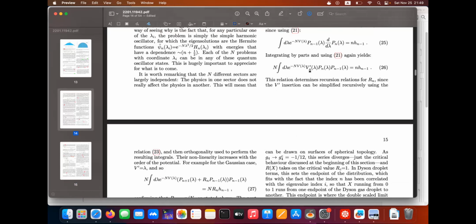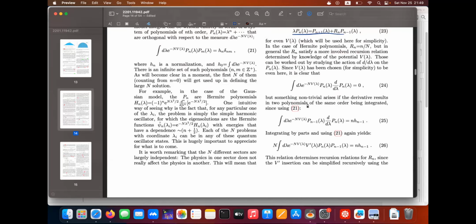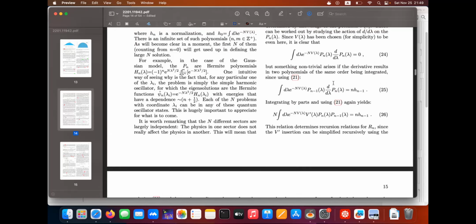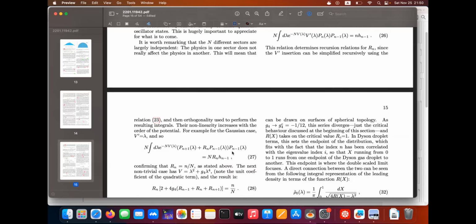Then for an explicit form of V'(λ), you can use the recursion relation to write it as a combination of the polynomials. Then use the definition of the orthogonal polynomials. You can calculate that the left-hand side must be something times h_{n-1}, so you can cancel h_{n-1} on both sides and get an equation for Rn.